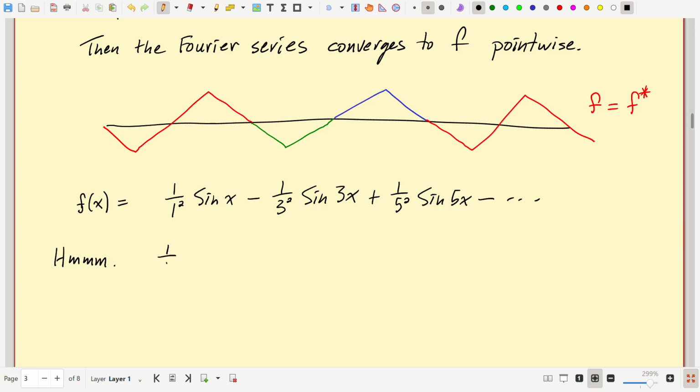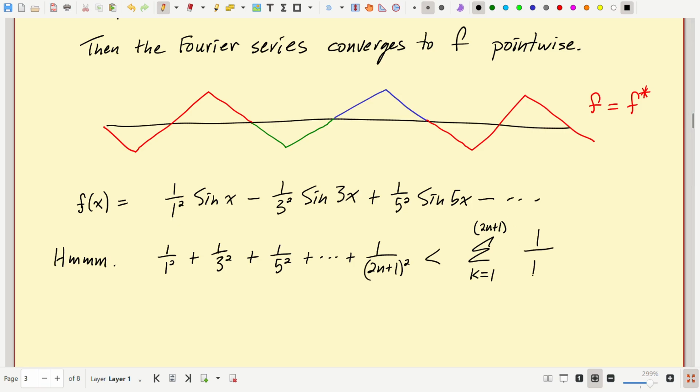So 1 over 1 squared plus 1 over 3 squared plus 1 over 5 squared, up to 1 over 2n plus 1 squared, would be less than the sum as k goes from 1 to 2n plus 1 of 1 over k squared.